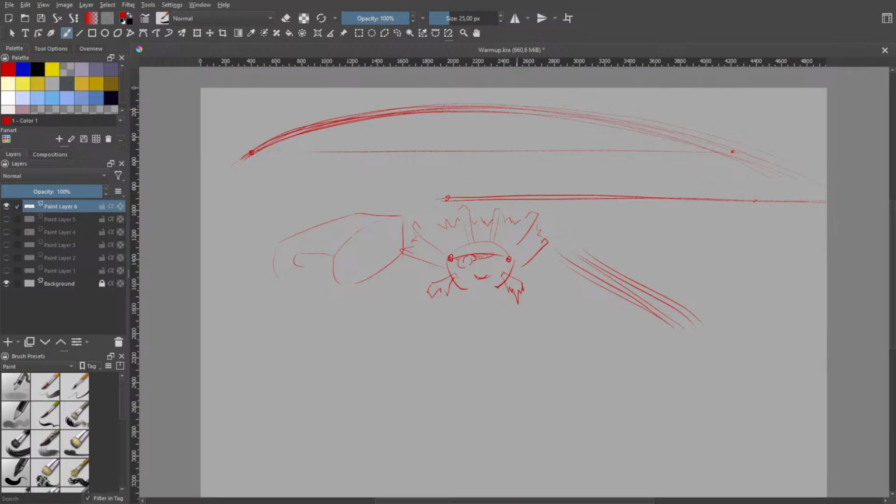I kind of want to draw some armor. Like some swords or something. How do you even draw a sword?